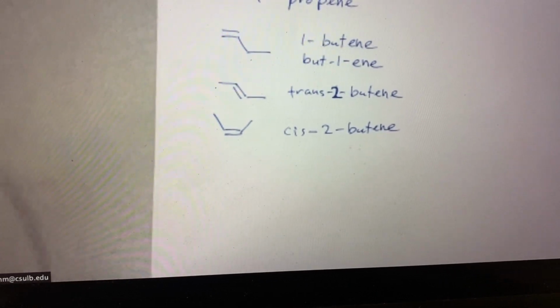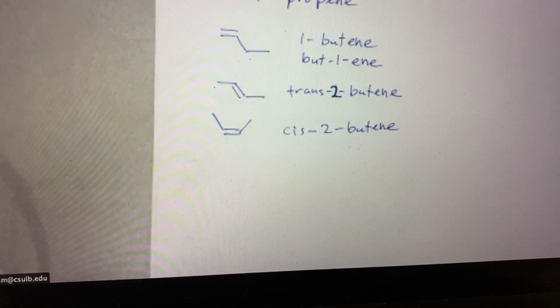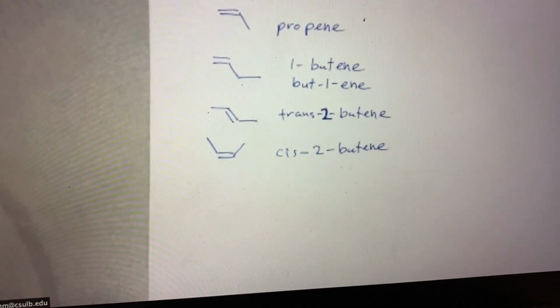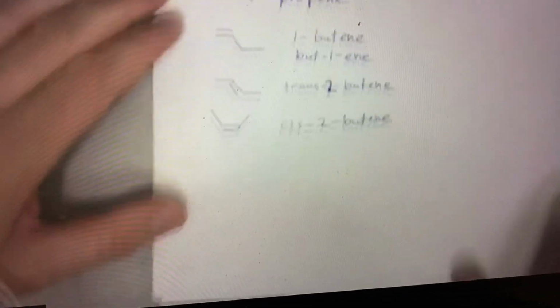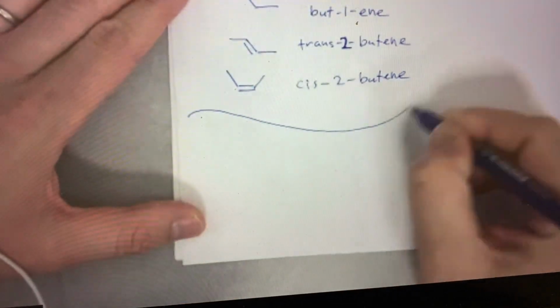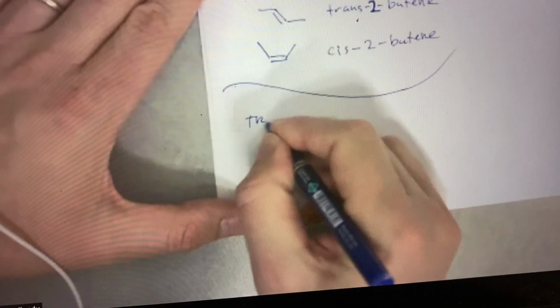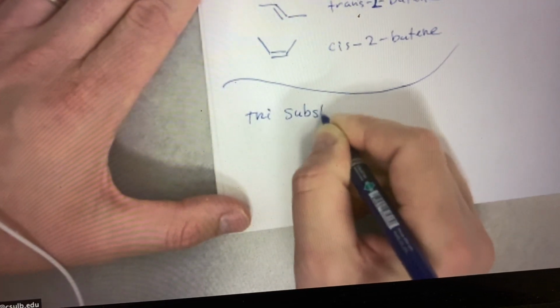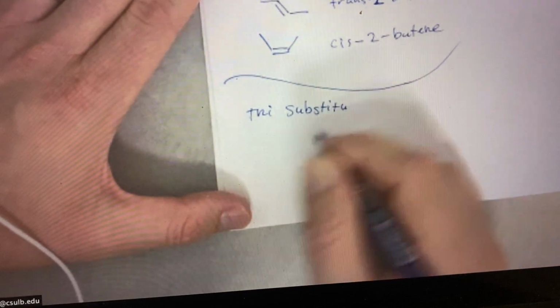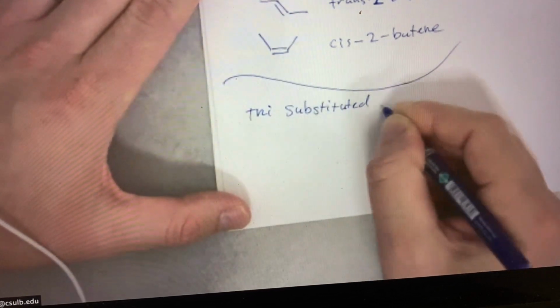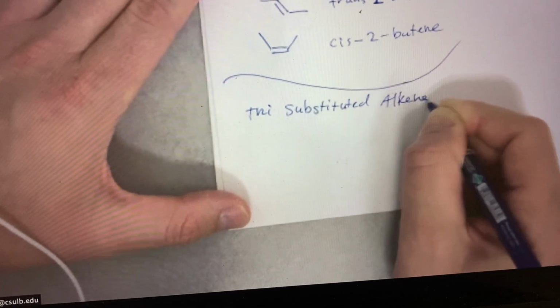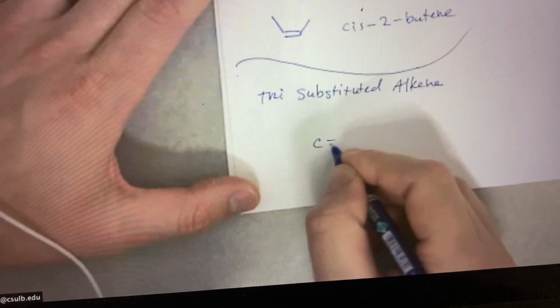You should also recall and start thinking ahead about E and Z. That was another property of alkenes, and we'll briefly approach that particular problem now when we have a tri-substituted alkene. Let's just draw a kind of simple one.